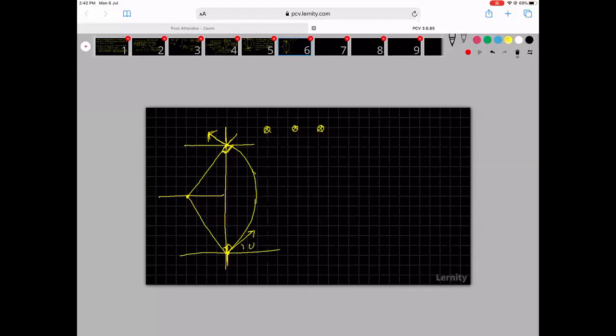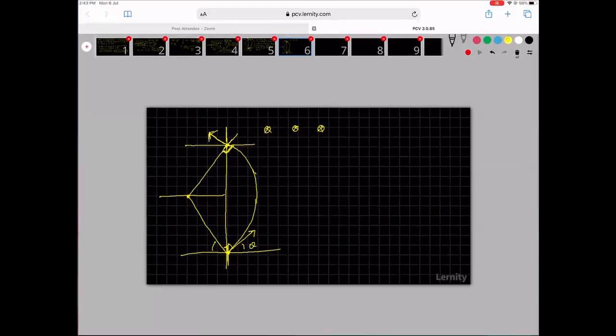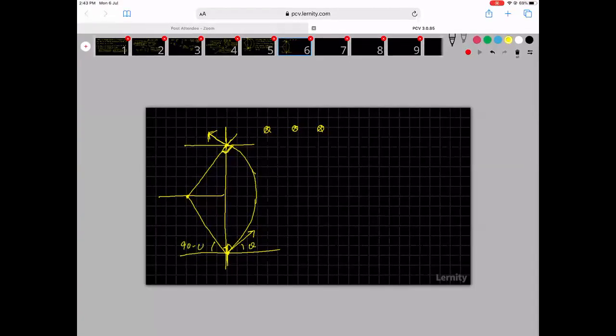So this angle is theta, this is theta, this is 90 minus theta, this is 90 minus theta. So this angle here is 90 minus theta. That's the angle that we're talking of. So this whole thing is 90 degrees, and this angle is theta. Now the geometries are all clear.